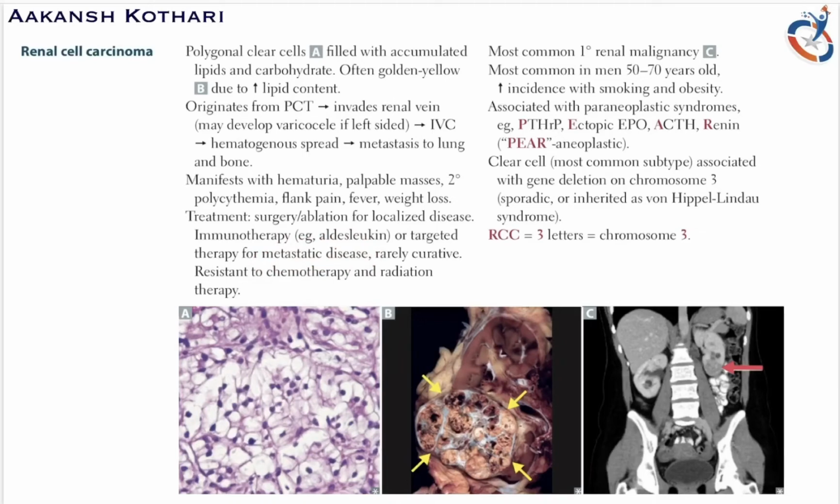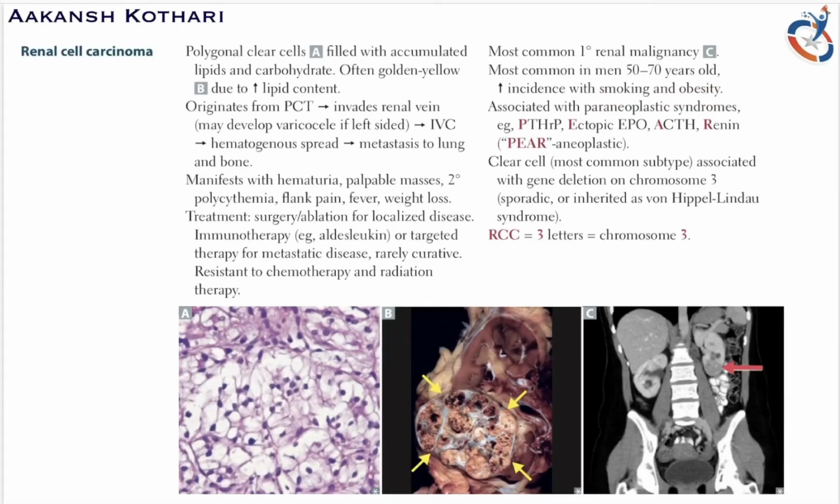It is very rare that it can be cured completely, and hence it is one of the leading causes of death among carcinomas. It is the most common primary renal malignancy and is associated with men around 50 to 70 years old. There is a markedly increased incidence with smoking and obesity.